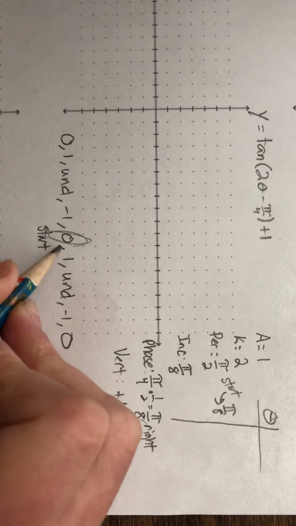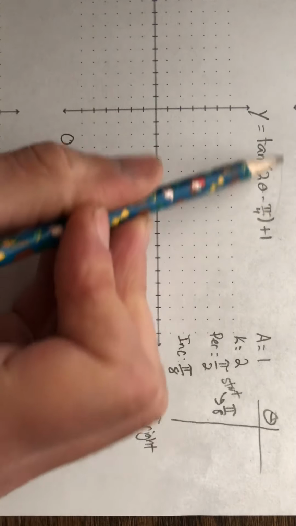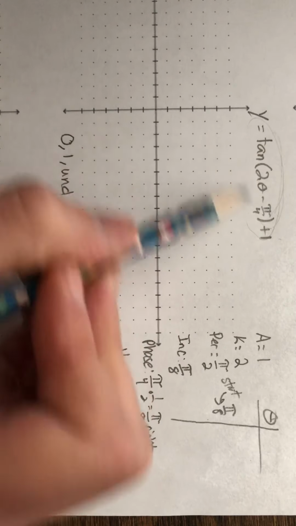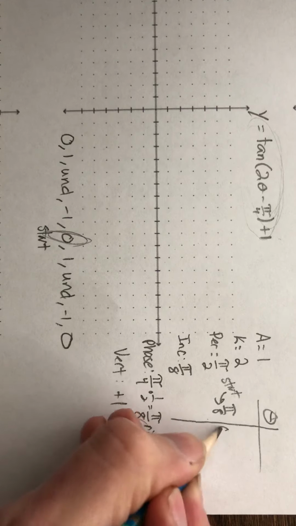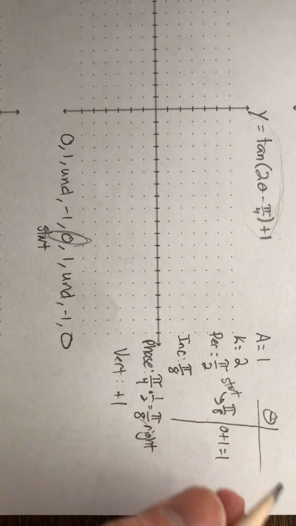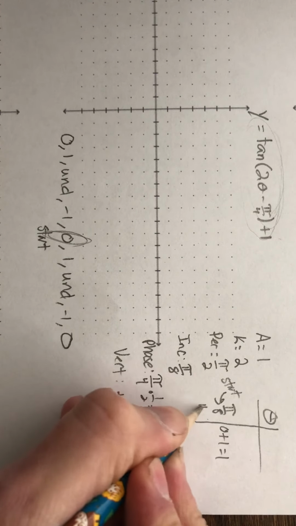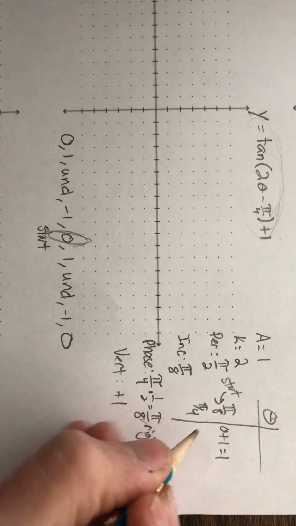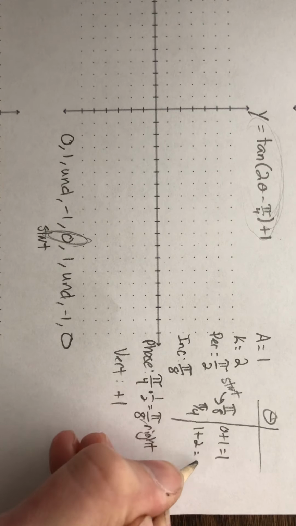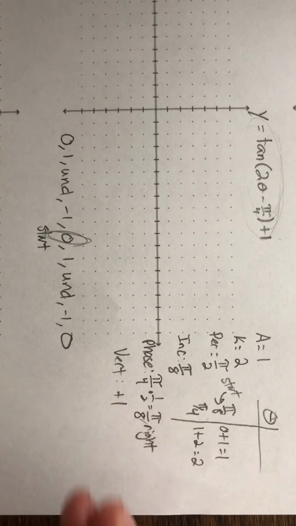All right, and then you're going to plug in the 0. Remember, that gets plugged into all of this. Replaces this whole part. So that would be 0 plus 1 gives you 1, right? At pi over 4, which would be your next one. I probably should have done those first, but we'll do them in a second. Okay, that would be 1 plus 1, which is 2.